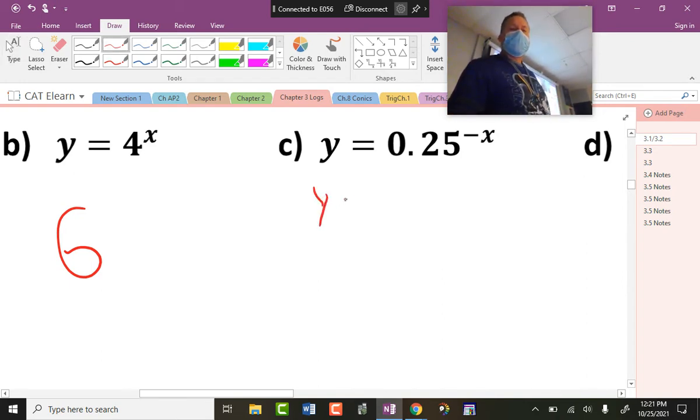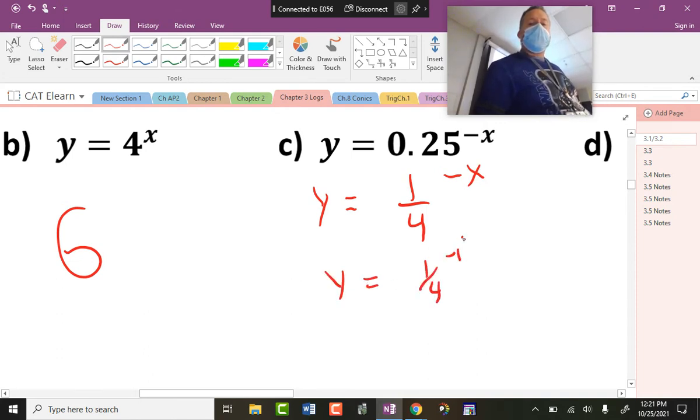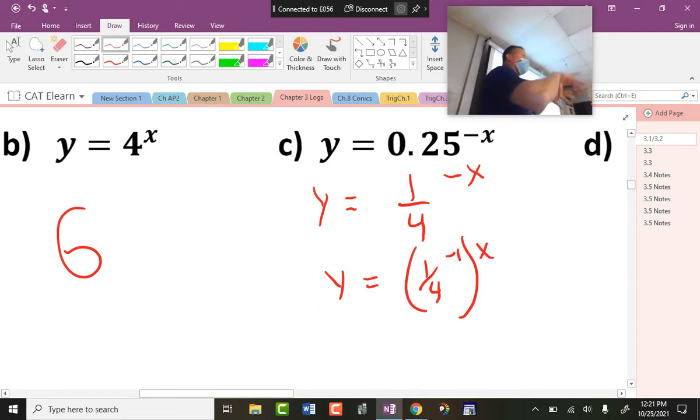Watch this. This 0.25 is actually 1/4. First of all, let's think about that for a second. I know fractions sometimes we don't like them. And then did you know that this is the same as 1/4 raised to the negative first, raised to the x? We can kind of think of it that way, splitting up the exponents through the multiplication property.